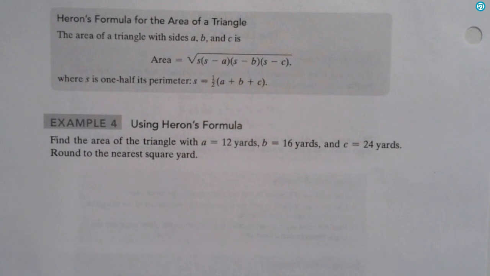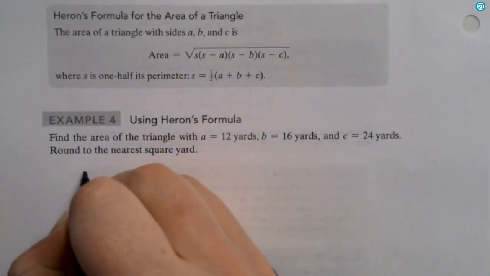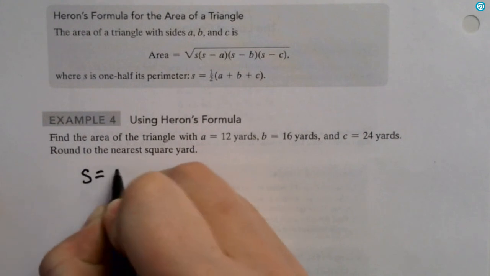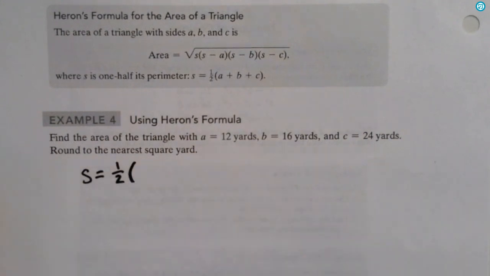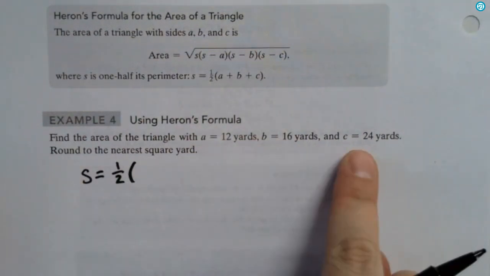Could we derive this formula? Yes, but absolutely not. There are no sines or cosines, you just have to add and subtract. First we need to find s. So s equals 1/2 times 12 plus 16 plus 24.